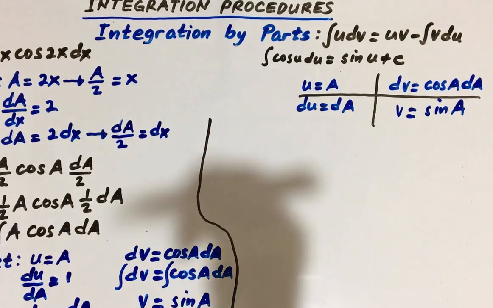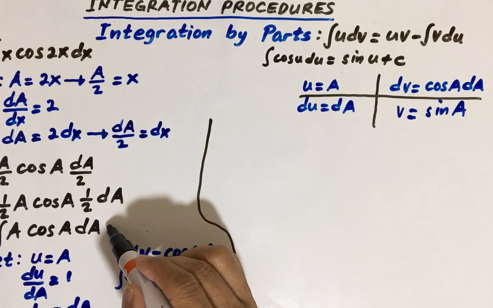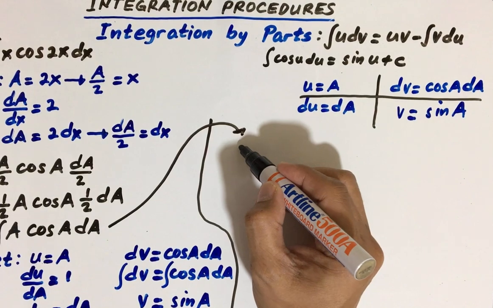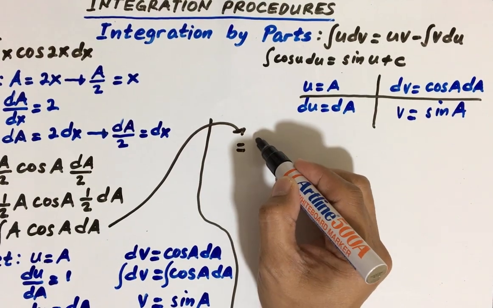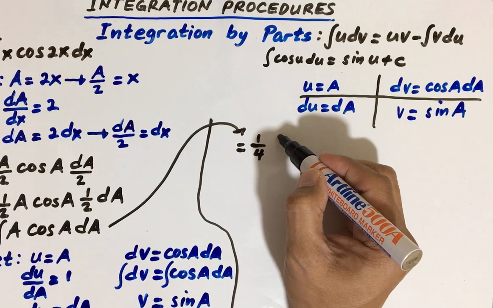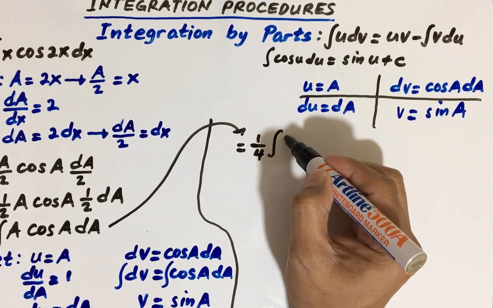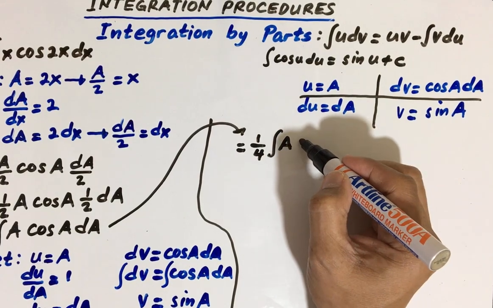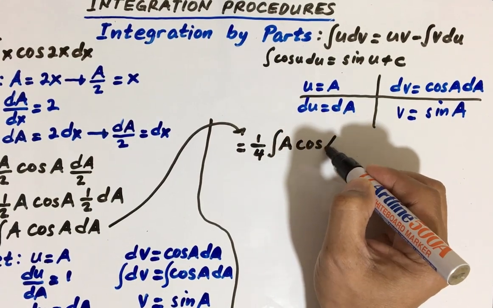I'll continue it here. Now from here, class, we have equals 1/4 times the integral of a cosine a dA. I am just copying it, class.